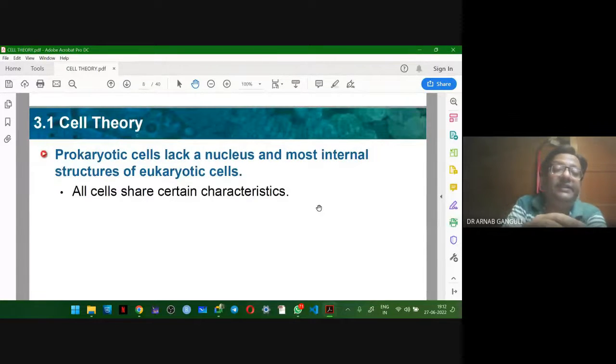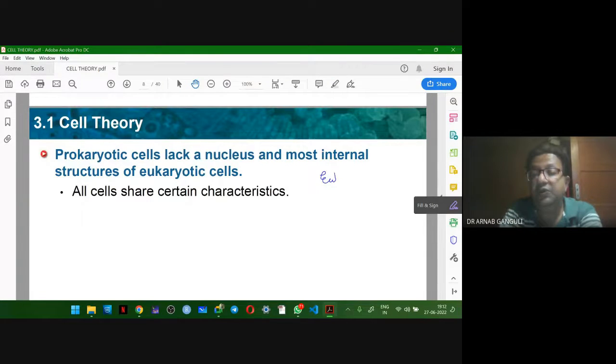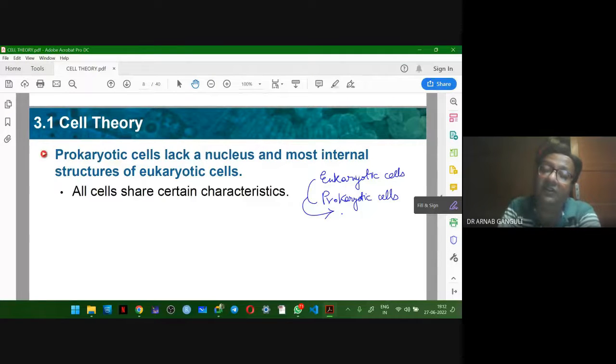You know that cells are divided into eukaryotic cells and prokaryotic cells. There are lots of differences which you need to study, and you have studied a lot.